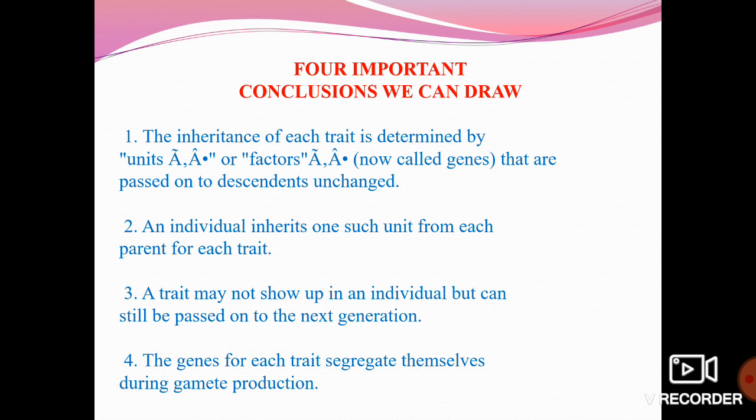Now the genes remain in pairs or alleles. The alleles behave in homozygous or heterozygous ways. They behave in dominant or recessive ways, or in codominance or incomplete dominant ways. And of course, they behave in self segregation and independent assortment ways.